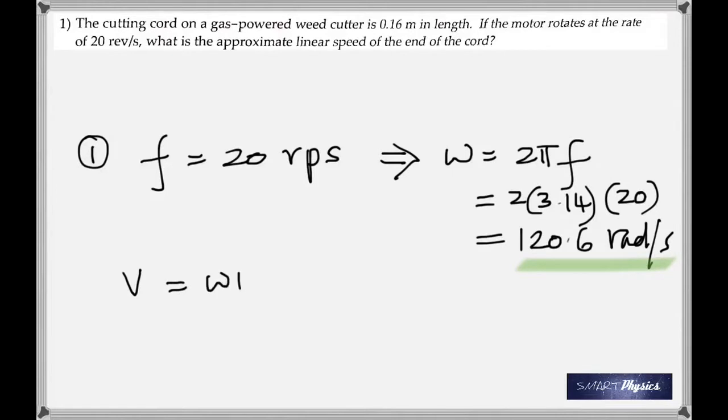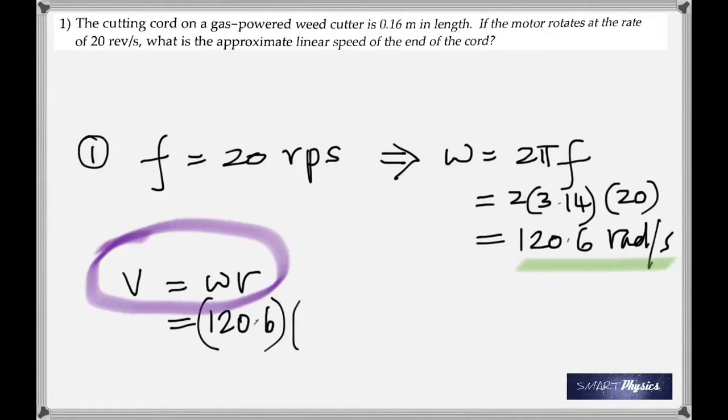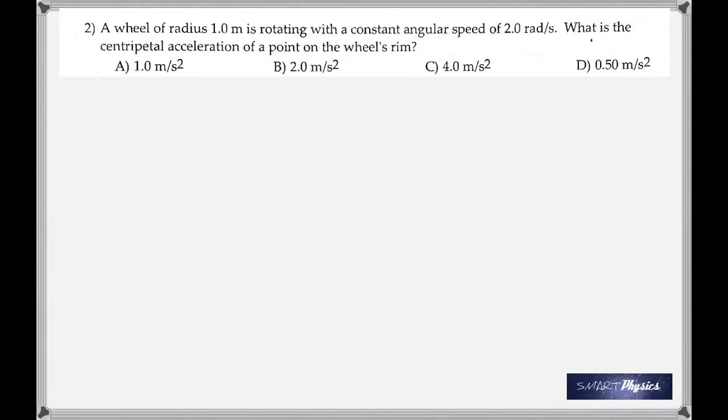And then you find the linear velocity using this relation, omega times the radius. That was a calculation mistake. So omega is 125.6, and on multiplication you get 20 meter per second. That brings us to the second question.